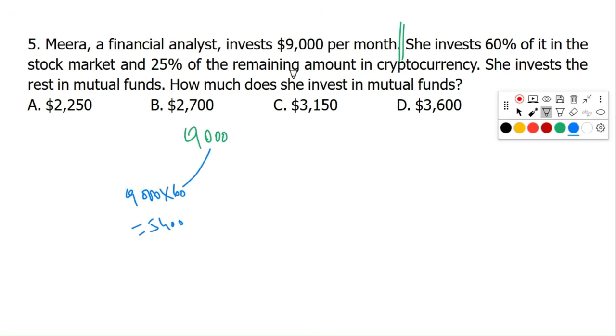And 25% of the remaining. So what is remaining? 9,000 minus 5,400, so this will be 3,600. Right, 25% of the remaining amount in say cryptocurrency. So we are there up to this point.